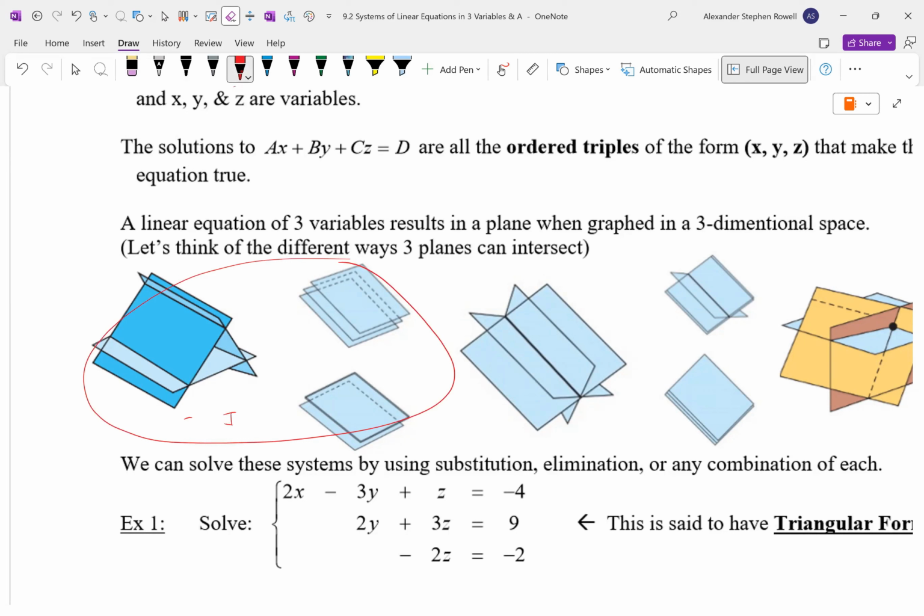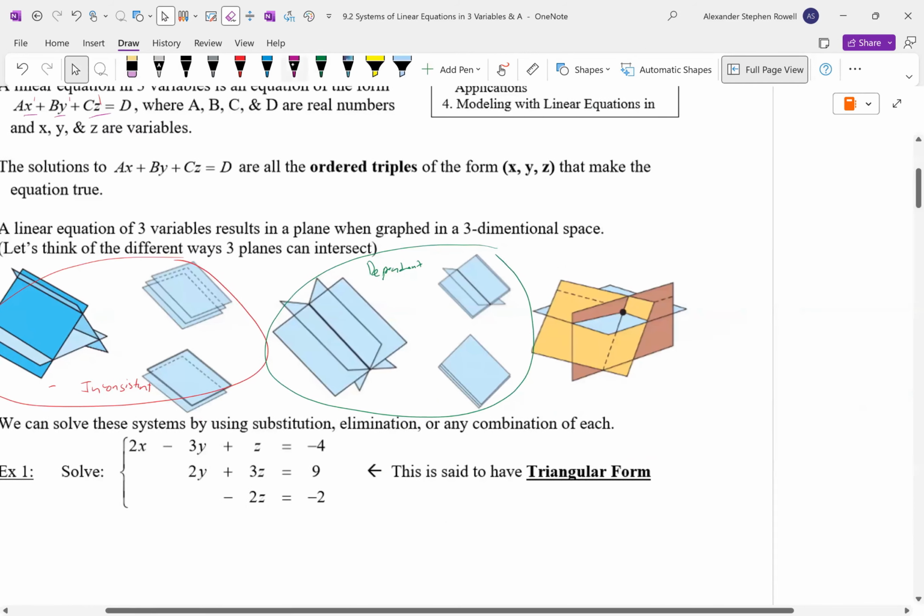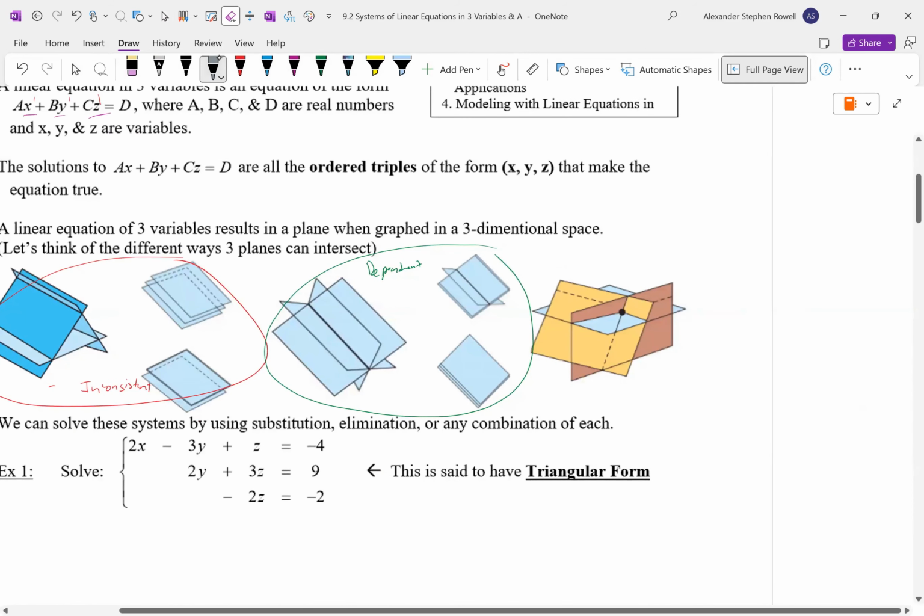There's no ordered pair that makes all three of them true. Not ordered pair, ordered triple: x, y, z. Then we have some examples of dependent systems. What we're going to mostly deal with in this section, actually all the problems in this section, are going to have a single solution.